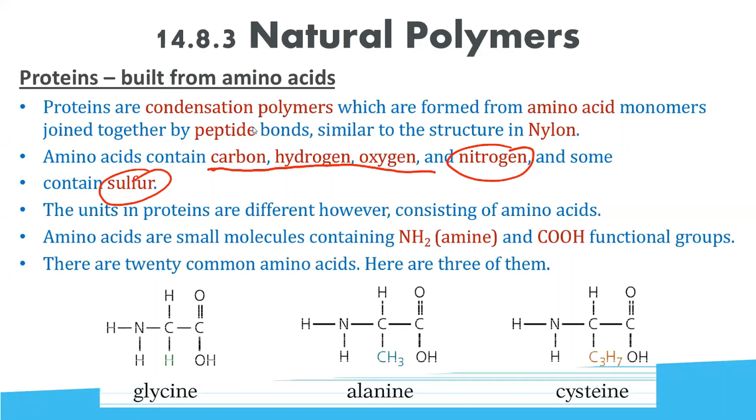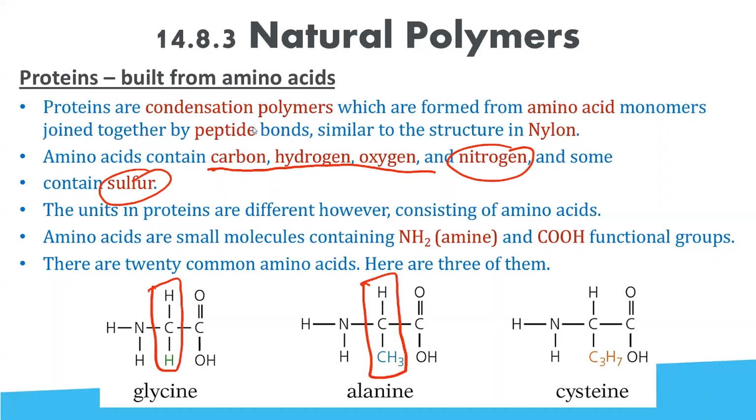You can see the structures of different kinds of amino acids. All these structures are different, but what's similar is the functional group on both ends, right? An acid group at one end and an amine group at the other.